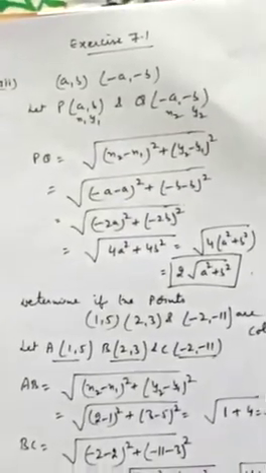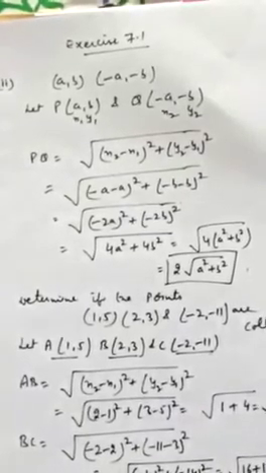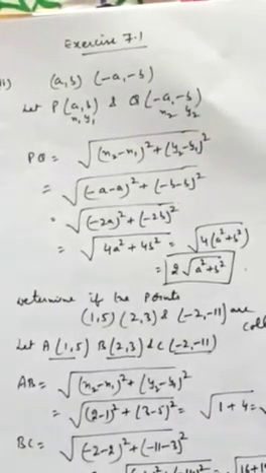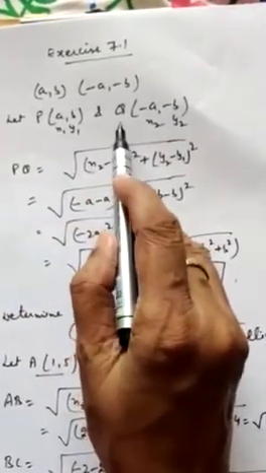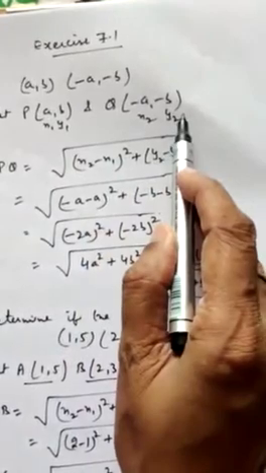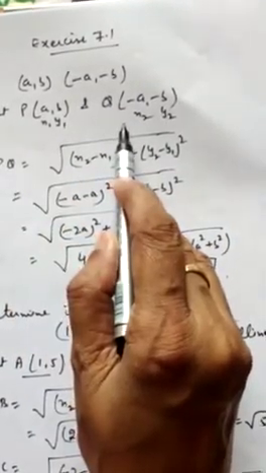Let's take the third part of the first question, exercise 7.1. Let there be 2 points, P with coordinates (a, b) and Q with coordinates (minus a, minus b), and I want to find the distance PQ.